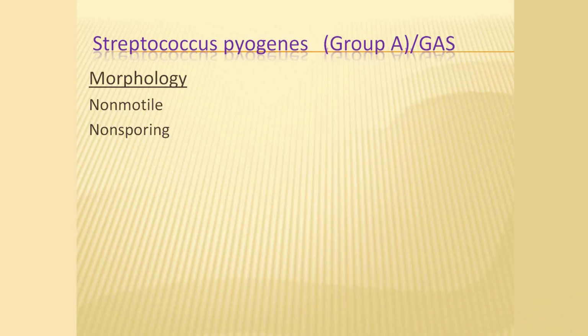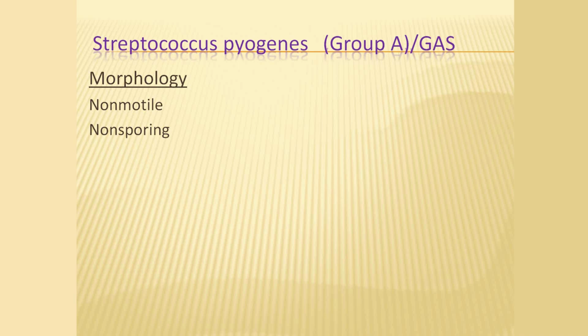Now, usually we study the organism based on its morphology, how it grows on culture medium, what biochemical tests we can do, what the virulence factors are, then we study the pathogenesis and the lab diagnosis, and finally how we prevent and how we treat the infection. So, going to the first part, that is how the bacteria look.